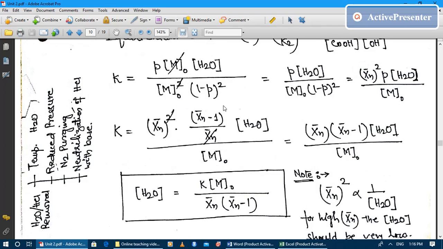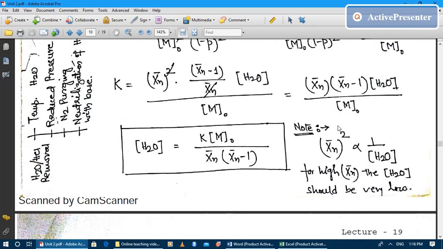Again simplifying it, instead of P we can write (Xn bar minus 1) over Xn bar. So here one Xn bar cancels out with the square, and our final equation will be Xn bar times (Xn bar minus 1) times the concentration of water divided by the concentration of monomer initially taken.